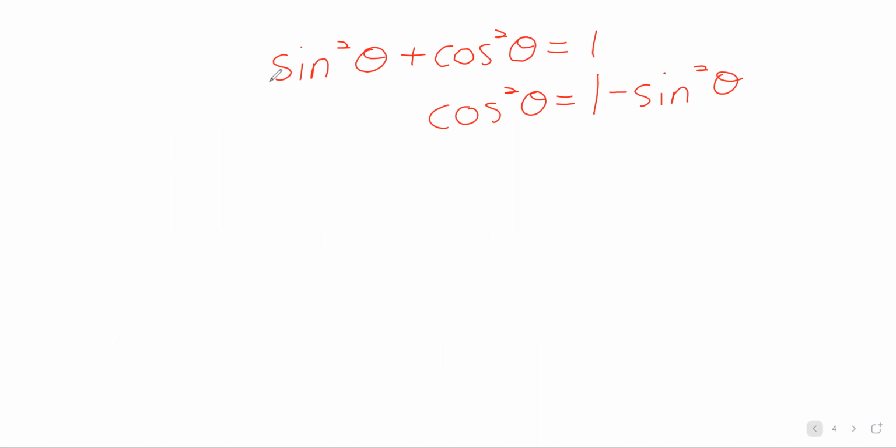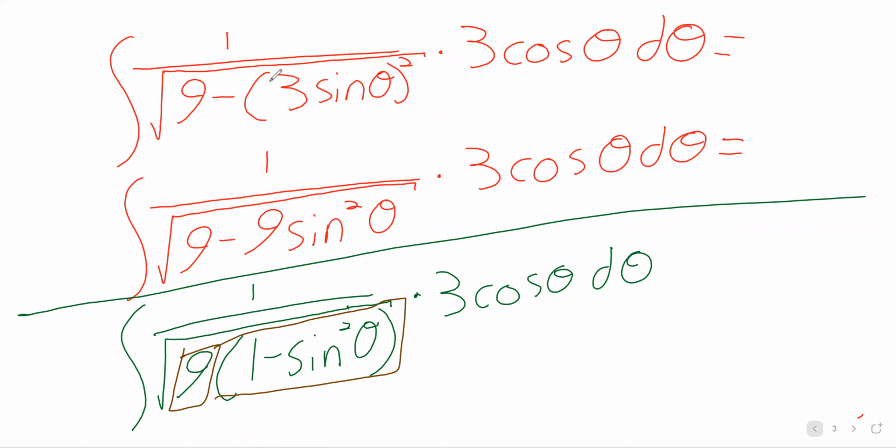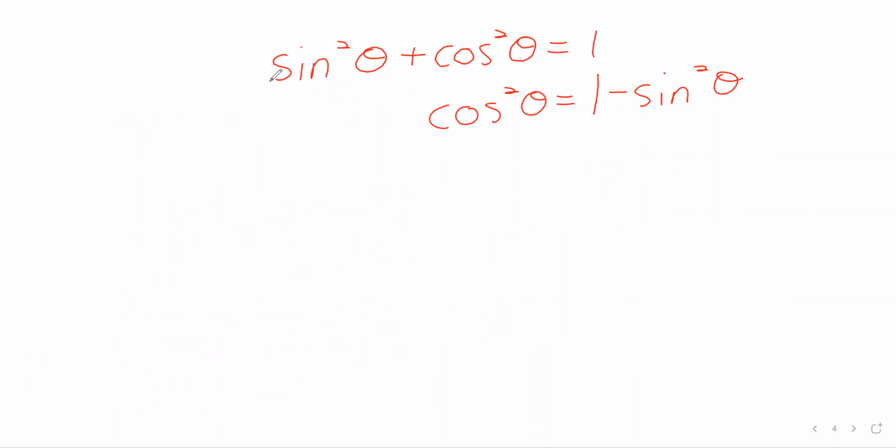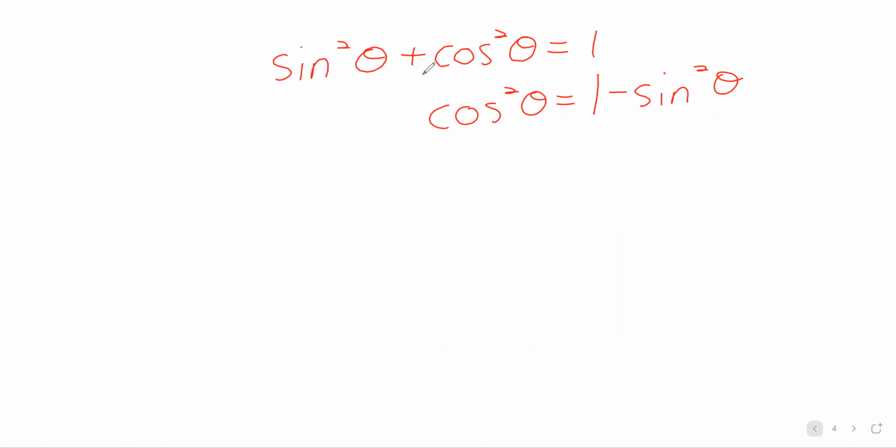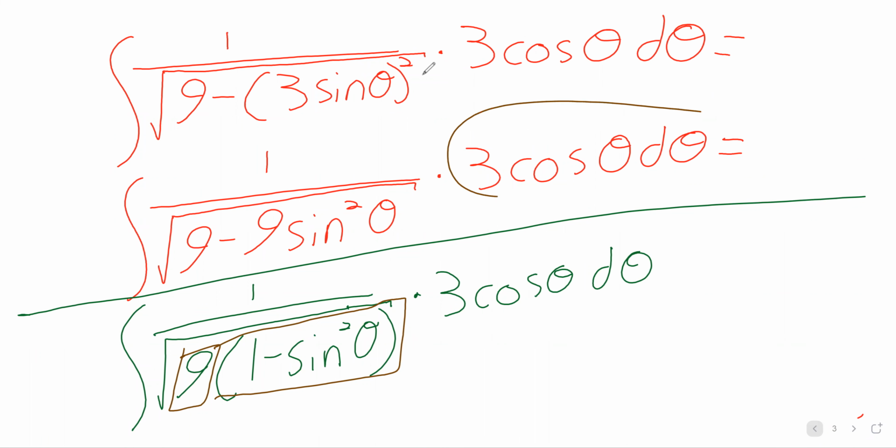So we get 3 times the square root of 1 minus the sine squared, and we've got all of that.